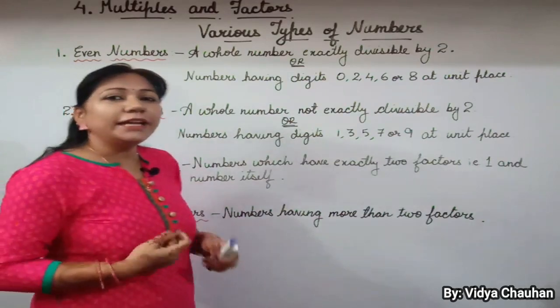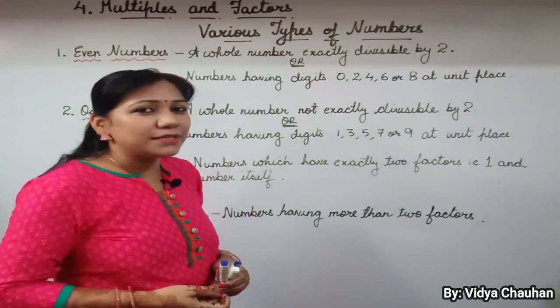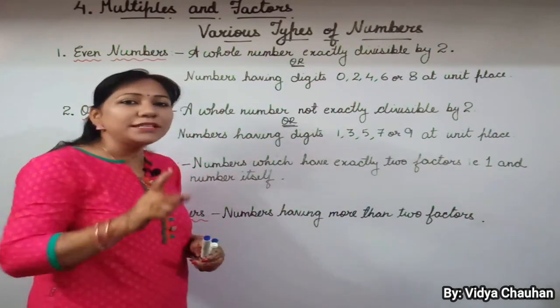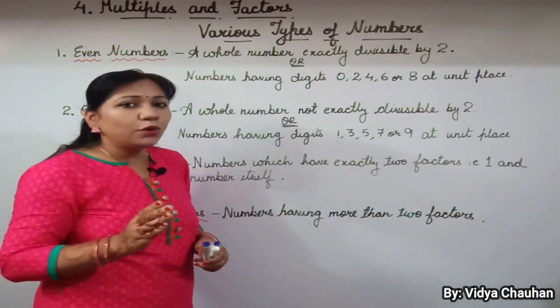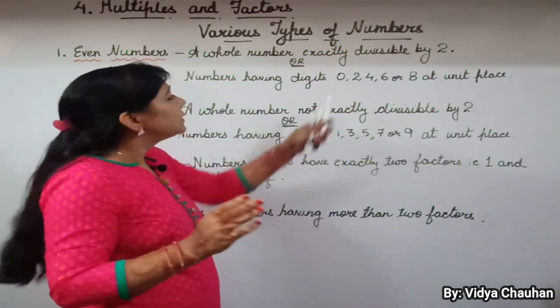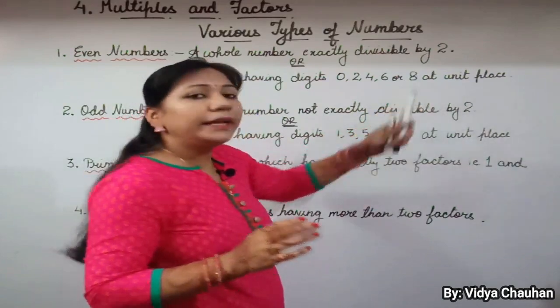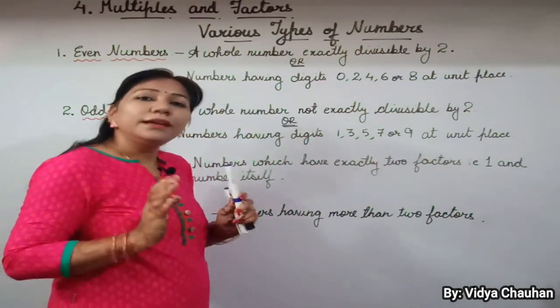So if the digit at one's place is either 0, 2, 4, 6 or 8, then the number is said to be an even number.